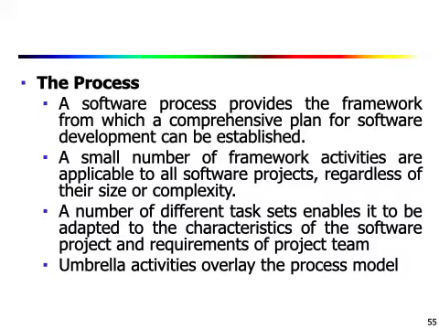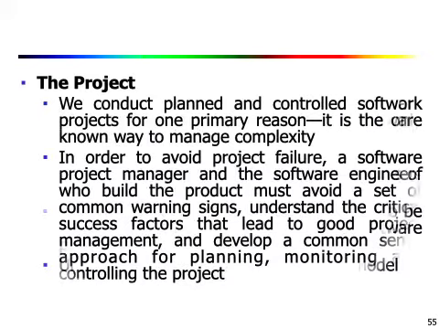And there are a number of different task sets that enable it to be adapted to the characteristics of the software project and the requirements of the project team. Along with this, there will be some umbrella activities that overlay the process model. So we need to have a good understanding about the process also to effectively manage a project.